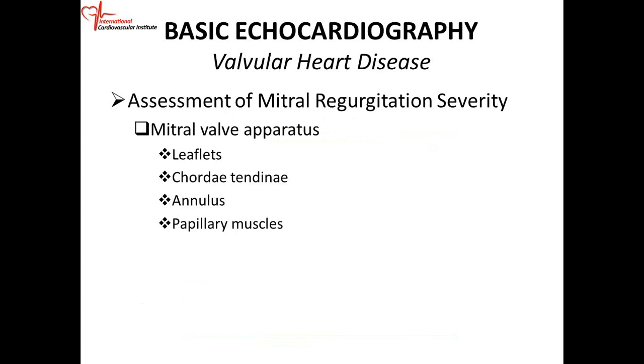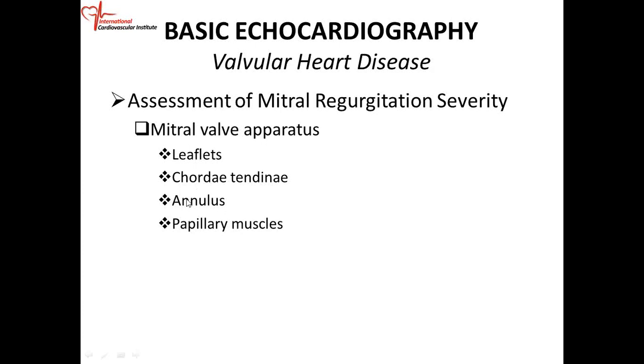So you have to look at the mitral valve apparatus. And the mitral valve apparatus consists of the leaflet itself, the mitral valve leaflets. Remember, you have an anterior mitral leaflet and a posterior mitral leaflet. The chordae tendineae, which anchor the leaflet to the papillary muscles.